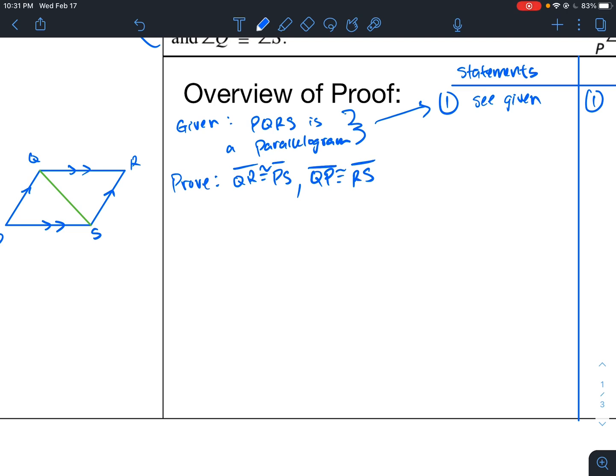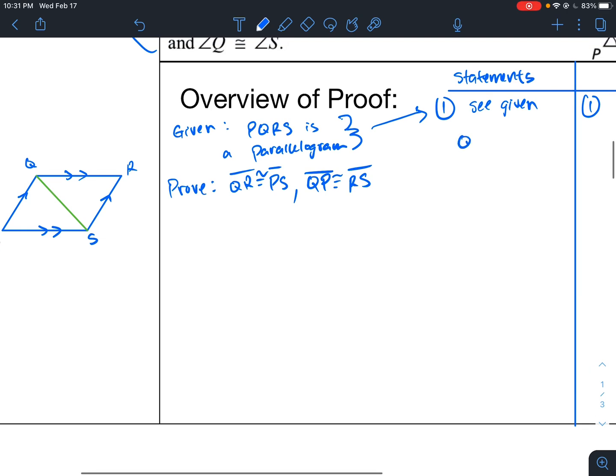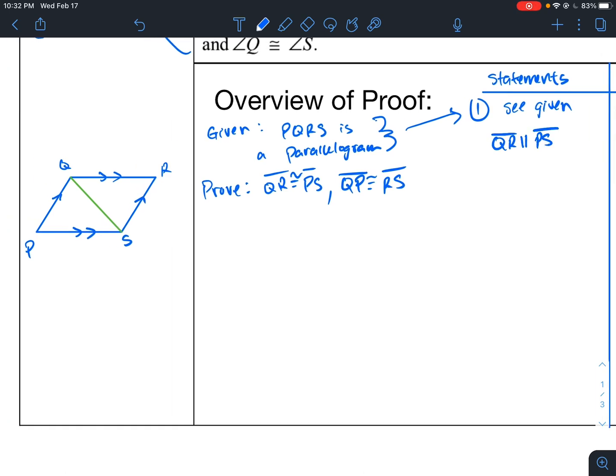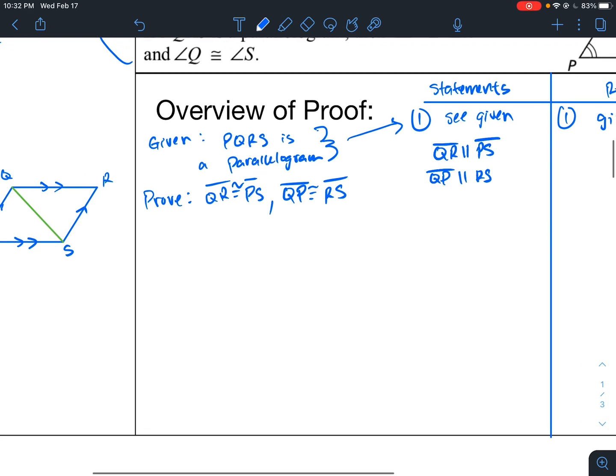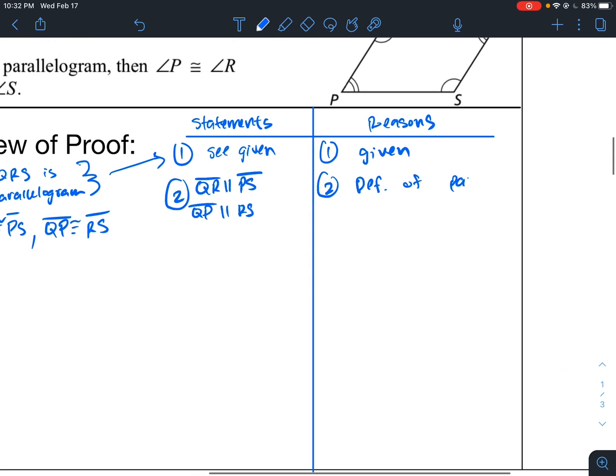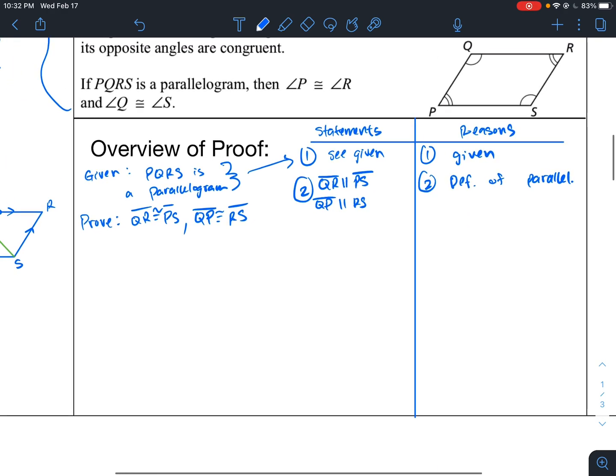Now what I know is that QR is parallel with PS, and I know that QP is parallel with RS, and I know this because that's the definition of a parallelogram.